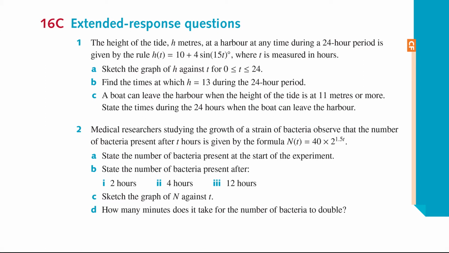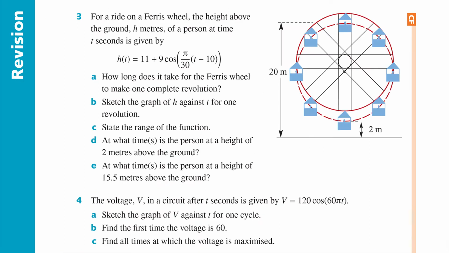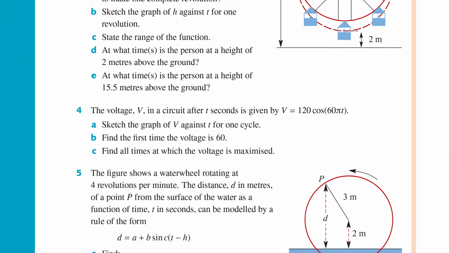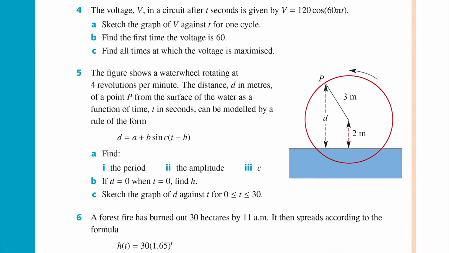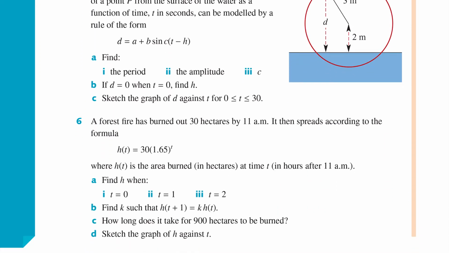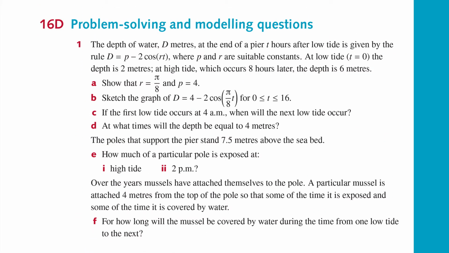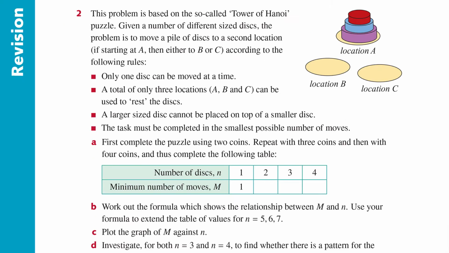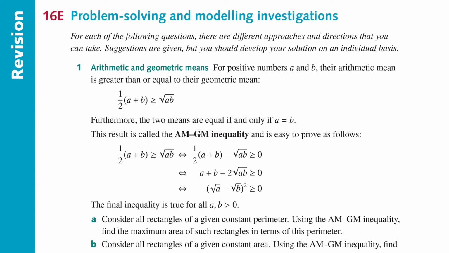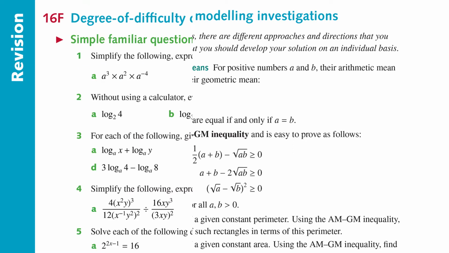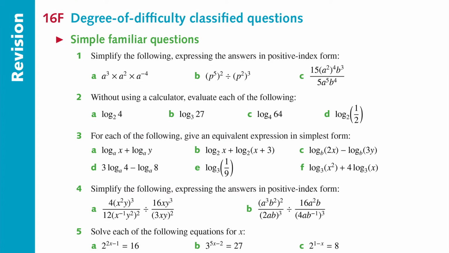The extended response, again, sort of crosses over into the problem solving, which is this here as well. You've seen these pretty typical questions. And then there's investigations, which are even higher order again. Sorry, degree of difficulty, what I showed you before. But what I want to show you here as well is this degree of difficulty.